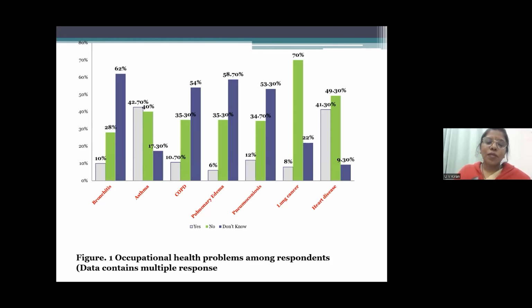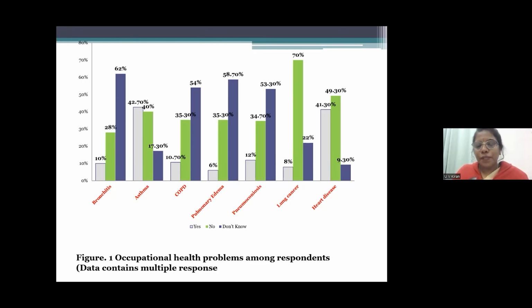For pulmonary disorders, 35.3% are suffering because they got tested, and 54% don't know because they have not got it tested. Pulmonary edema, 35.3% are suffering from it, and 58.7% didn't get tested.